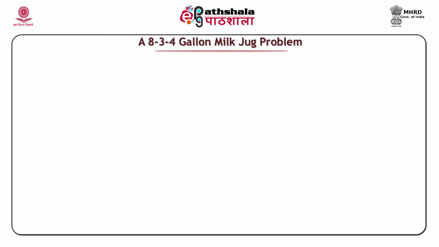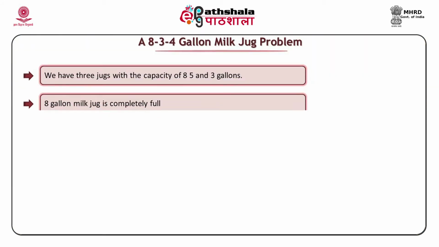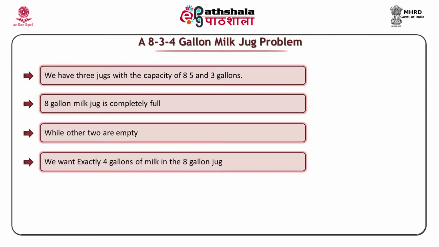We will look at one more problem called the 8-5-3 gallon milk jug problem. The 8-5-3 gallon milk jug problem is a little different. It is a little more complicated because we have 3 jugs. Not only that, we begin with 8 gallons of milk, completely filled. And now what we want is only 4 gallons of milk in that particular jug.